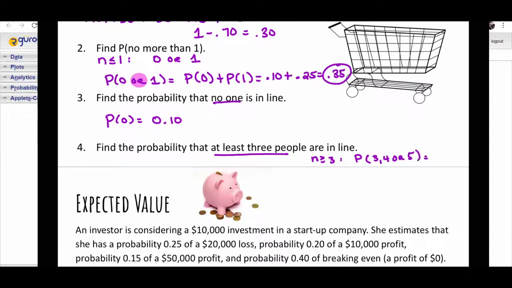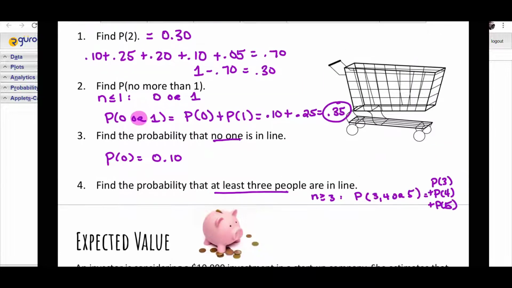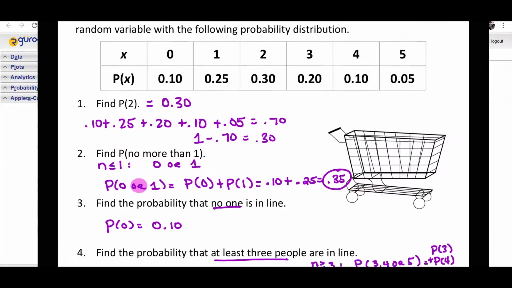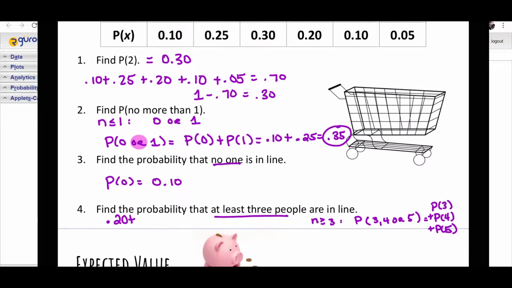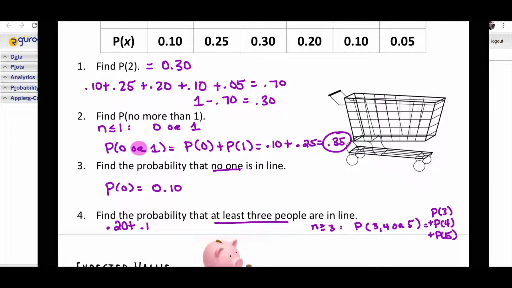So we're going to add the probability of 3, the probability of 4, plus the probability of 5. So probability of 3 is 0.20, plus the probability of 4 is 0.10, plus the probability of 5 is 0.05, and we get 0.35 this way as well. So there you have it.